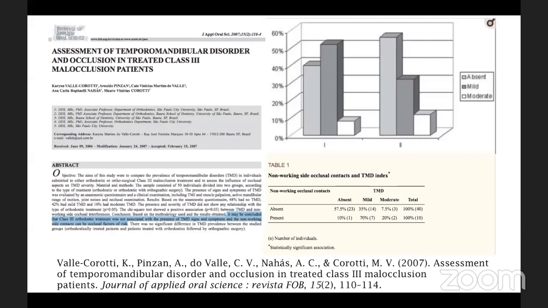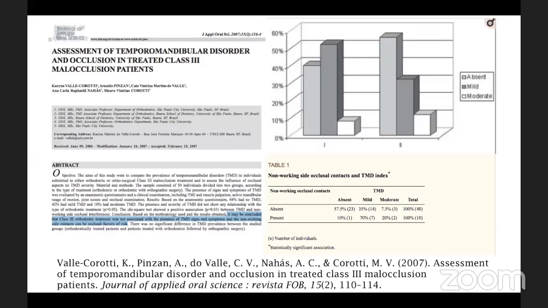I'm talking about the non-working occlusal contacts, on the non-working side. As you can see over here, if there is a non-working occlusal contact present, 70% have developed mild TMD. So that goes to say that the contact on the non-working side is one of the determinant factors when it comes to developing TMD.